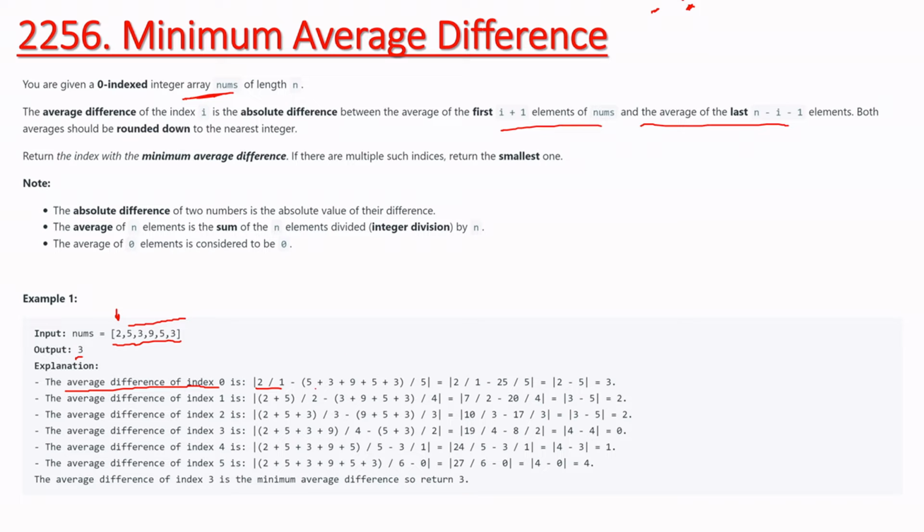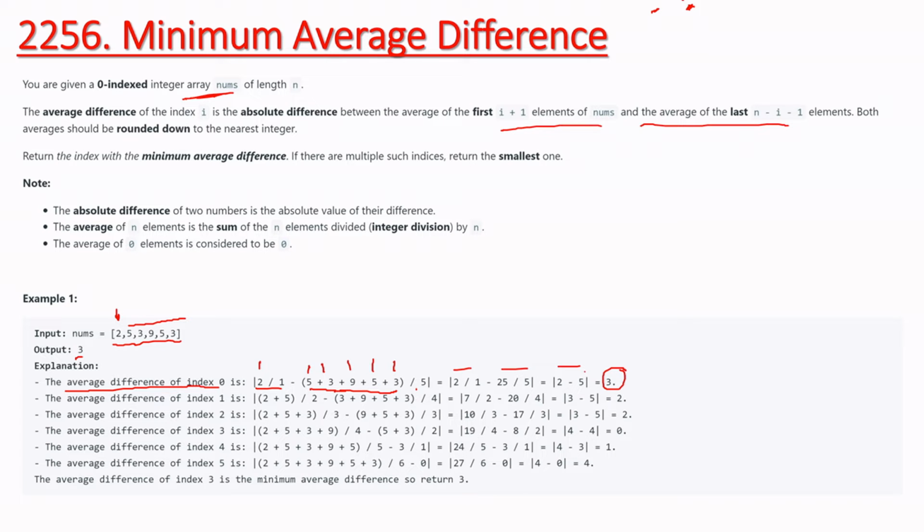We add them and divide by 5, since there are 1 2 3 4 5, a total of 5 elements. So we divide 2 by 1 element, then divide the sum of the rest, and after dividing we subtract, and the final value that comes is called the average difference at that index.